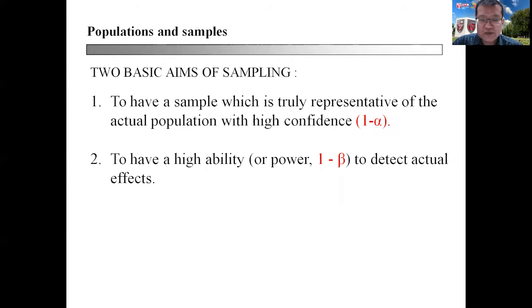In that sense, the two basic aims of sampling are, number one, to have a sample which is truly representative of the actual population with high confidence, and number two, to have a high ability to detect actual effects. In statistical speak, high confidence is equal to 1 minus alpha, where alpha is the significance level.